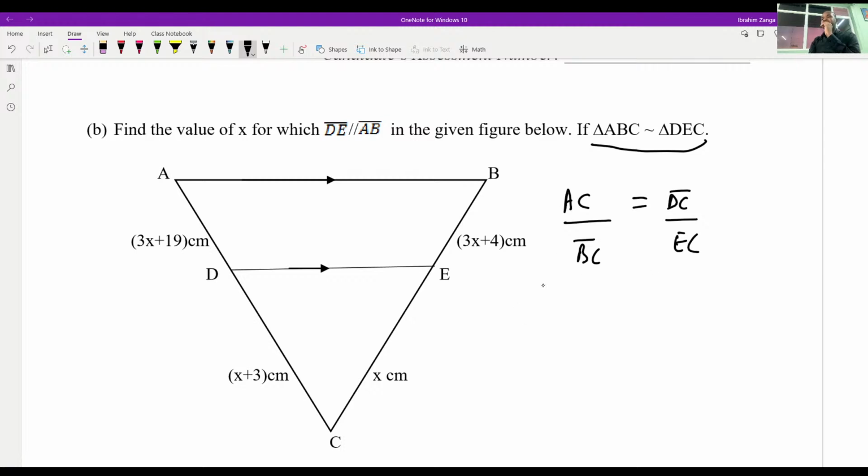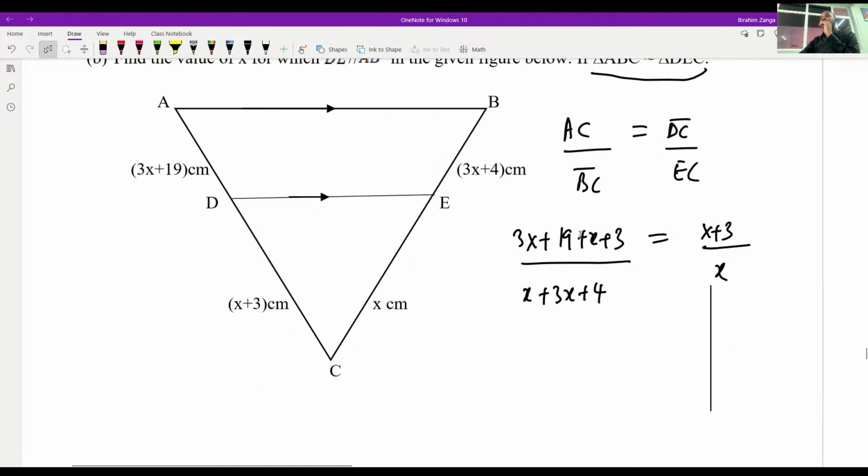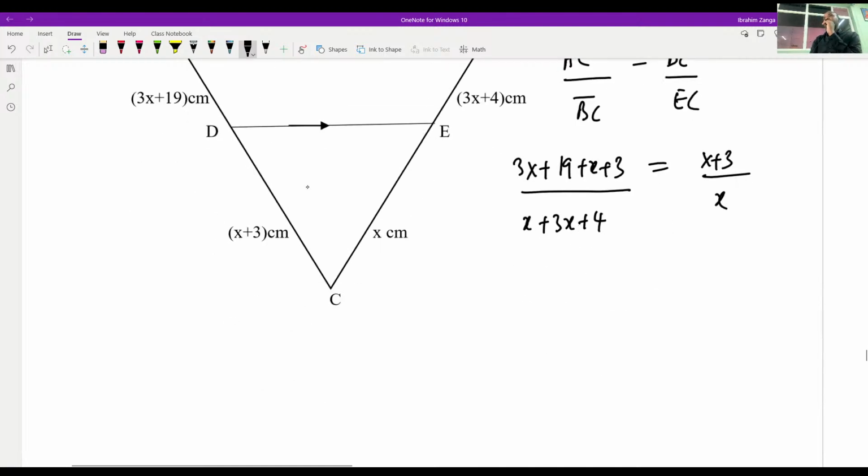So AC is actually 3x plus 19 plus x plus 3, divided by BC, which is x plus 3x plus 4. This will be equal to DC, which is x plus 3, divided by EC, which is now x. So we have to solve this equation.